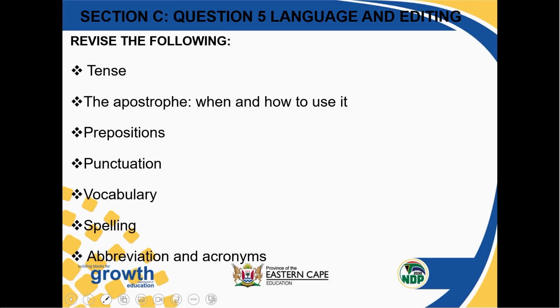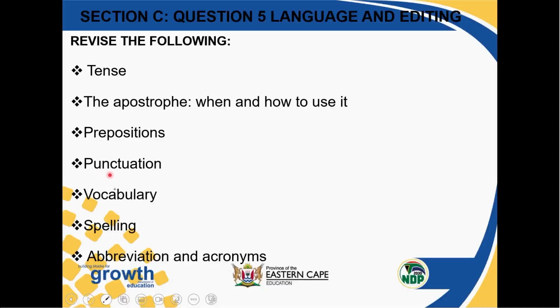You must also know the apostrophe, when and how to use the apostrophe. Now, you must know the roles of an apostrophe, where an apostrophe shows ownership, where an apostrophe shows contraction. So you must know, where do we put the apostrophe, right? Then the prepositions, these are your parts of speech. So prepositions, which correct preposition, is it inside or is it on top, so you need to know those.